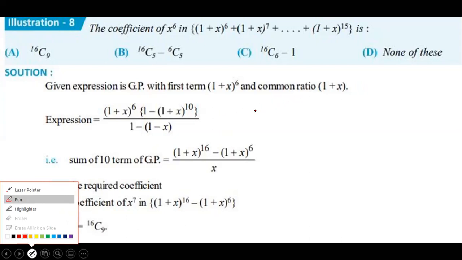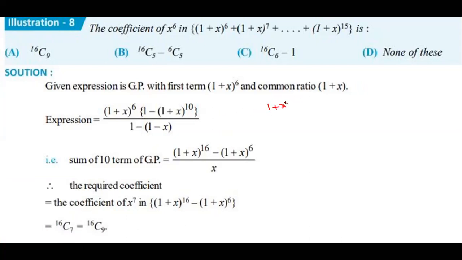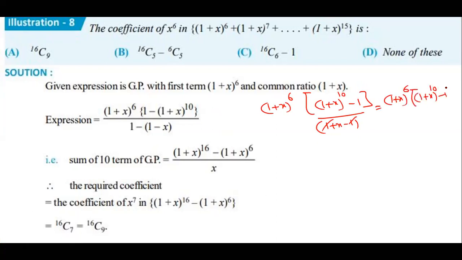There is a small correction: (1 plus x) whole power 10, dear students, that is wrong. Plus or minus, this is the correct way. Please change this one. So it is (1 plus x) whole power 10 minus (1 plus x) whole power 6, into 1 by x. Now see, this is the question.